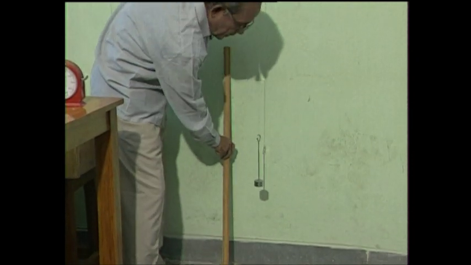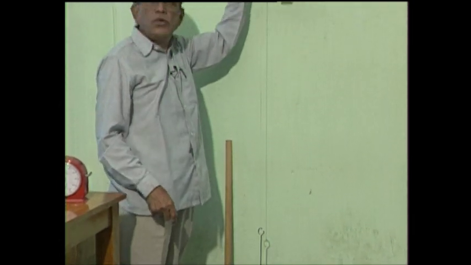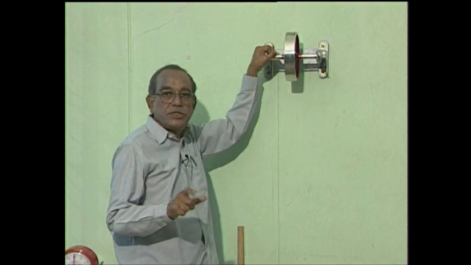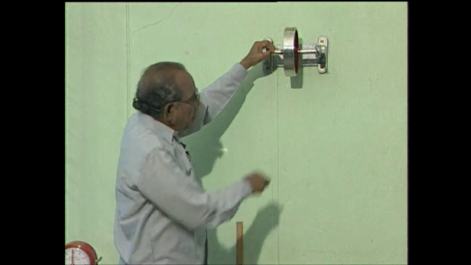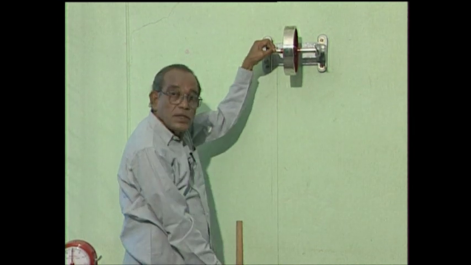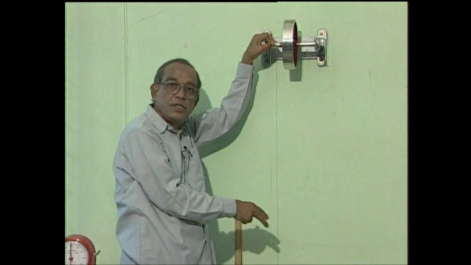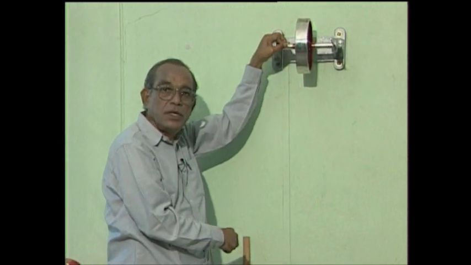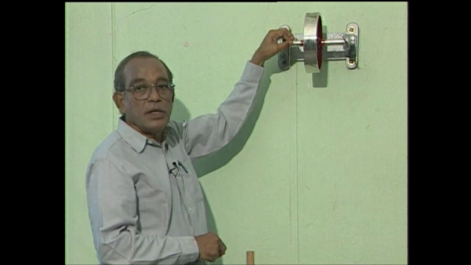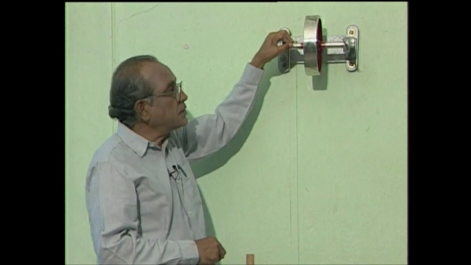This height we have to note down, that is height h. By virtue of its height, this has certain potential energy, equal to mgh. Now, you must be holding the axle like this.